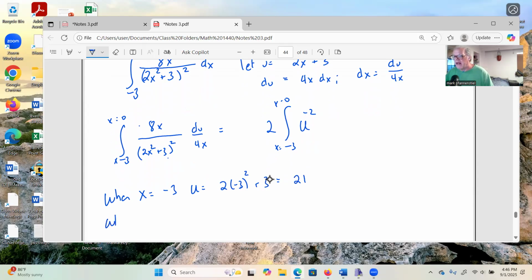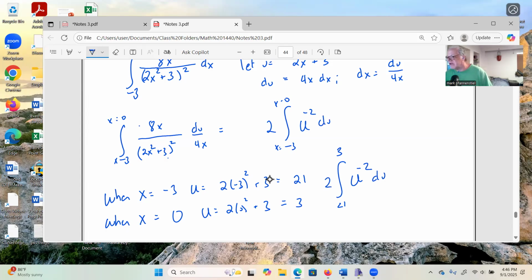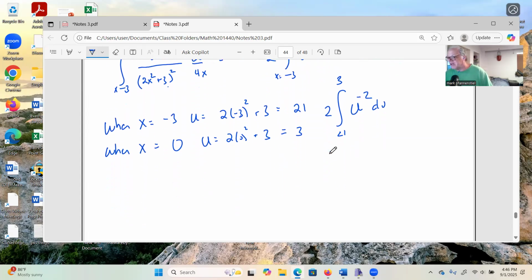Okay? When x equals 0, u is equal to 2 times 0 squared plus 3. This is equal to 3. So we're going to say this is the integral from 21 to 3 of u to the -2 du. Okay, and that's a 2 out front.